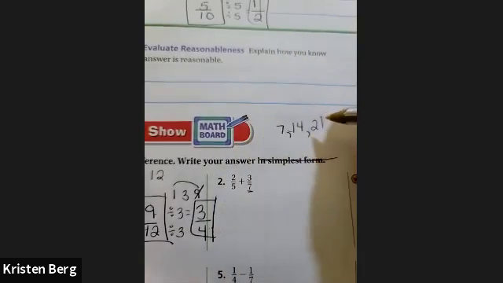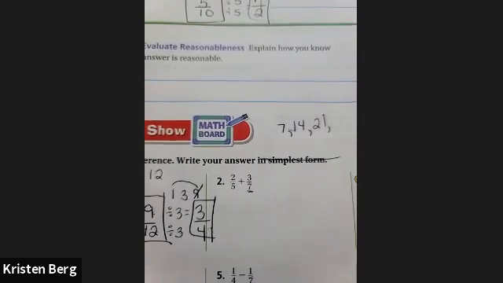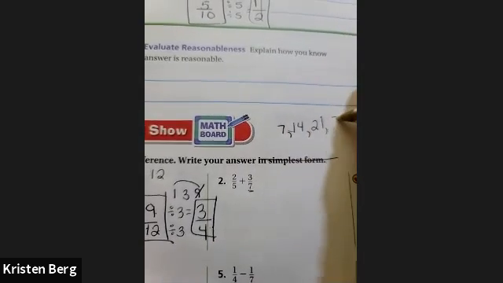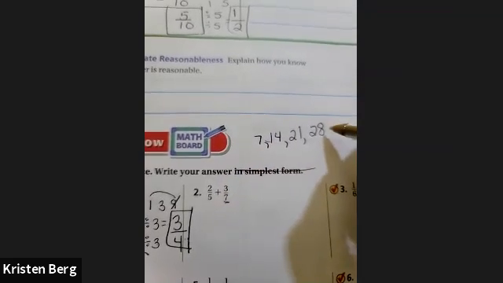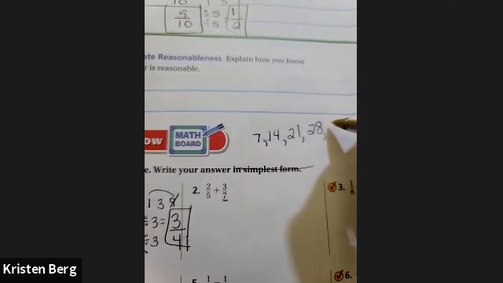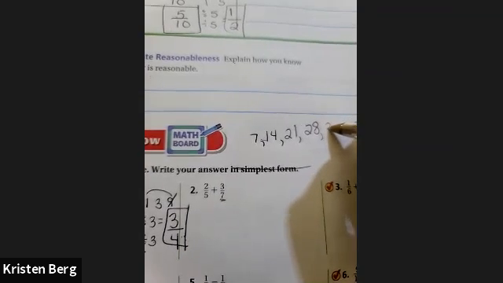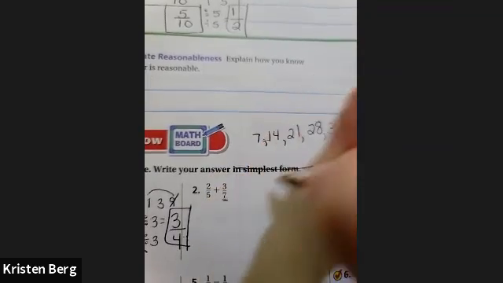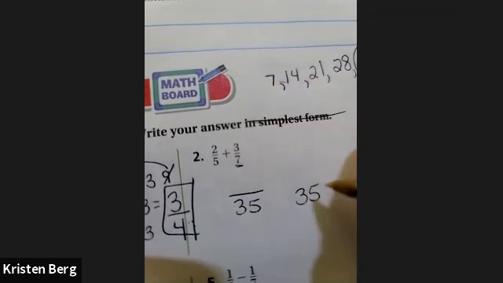Can I get a 5 to 21? No, I cannot. So then 7 times 4 would be next, which is 28. Can I get a 5 to go into 28 evenly? No, I cannot again. So now I'm going to do 7 times 5, which is 35. Can I get a 5 to a 35? Yes, I can. So therefore, it took me a while, but I finally figured out a common denominator. It would be going to 35.